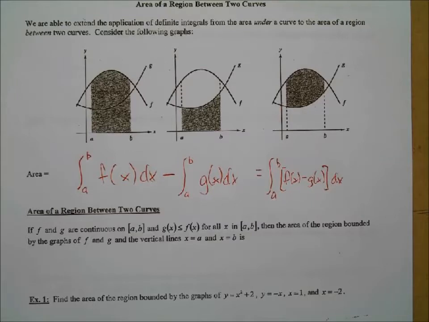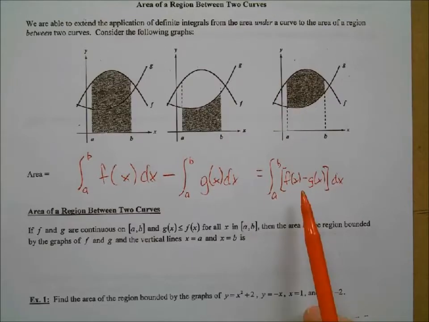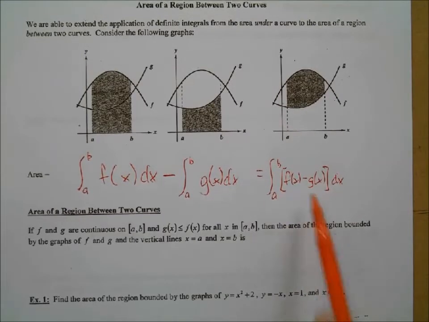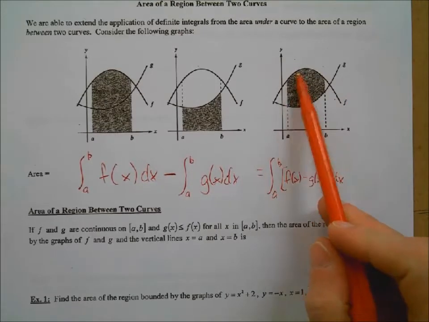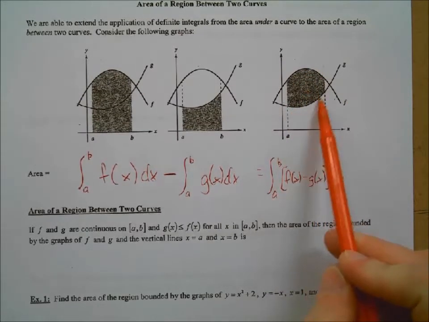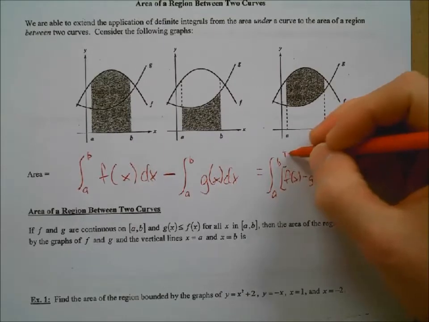Now, it's important to notice here that because this is subtraction, order matters. If this was addition, it wouldn't matter if I put g plus f or f plus g. But since it's subtraction, that order matters. To help us figure out which one we take and which one we subtract from, the top curve minus the bottom curve is going to be our general guideline.